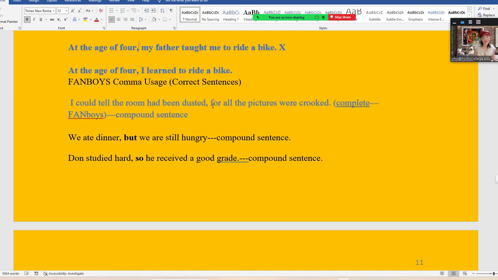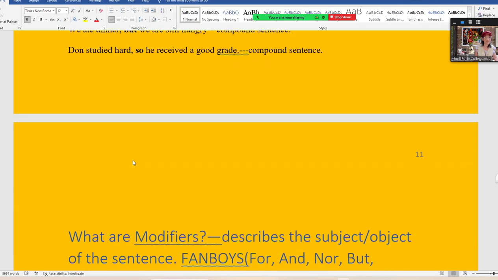But in Britain, they say, I studied really hard, for... Anyway, so here you have a compound sentence, two independent clauses joined by a coordinating conjunction, "for," which means "because." And that's it. So now you get that?